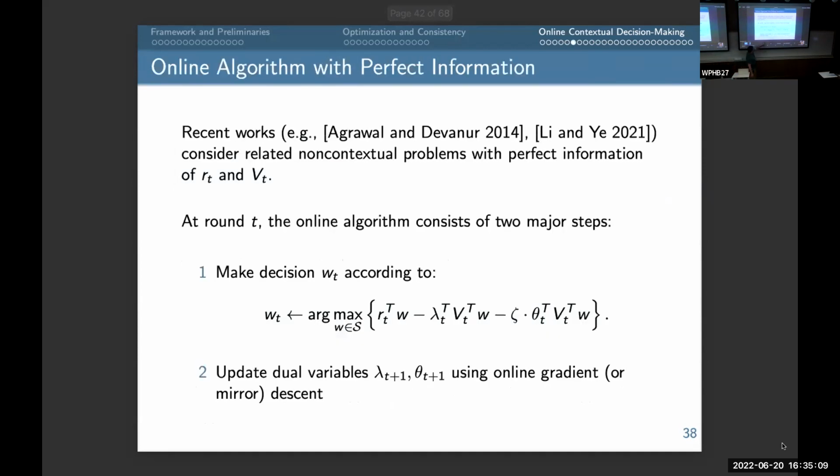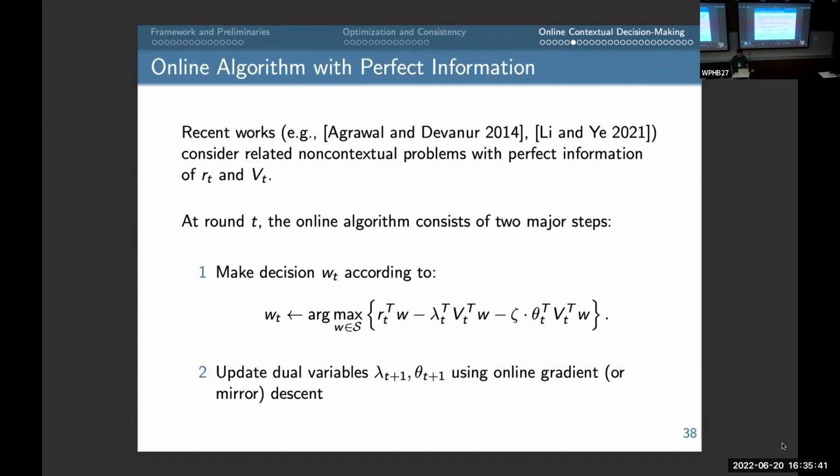And what we get in our online algorithm is that at every step, we must solve a linear optimization problem over this set S. But now the linear optimization problem is not just depending on the reward vector R_t, which I'm thinking of as the cost vector from before. It also depends on some multiple of the resource consumption, actually two multiples of the resource consumption, depending on dual variables.